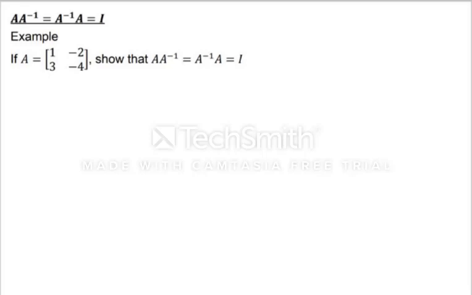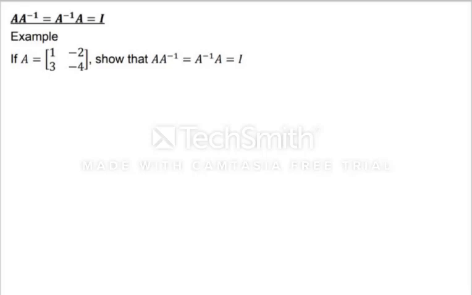This says A times A inverse is equal to A inverse times A, which is equal to I. So that note is basically saying that if we multiply a matrix by its inverse, we're going to get the I matrix.